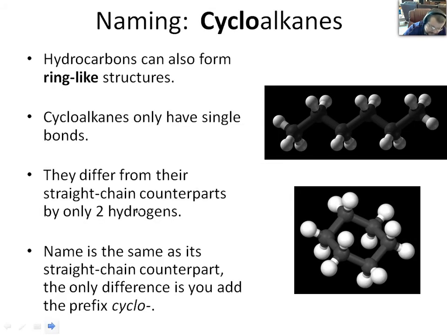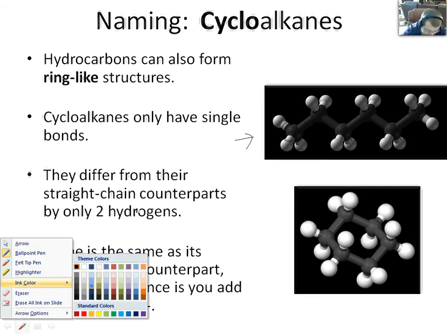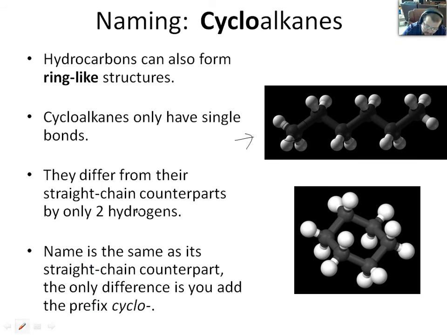Alright, so alkanes we've treated as these straight chains so far. If you look at the picture in the upper right, we've got our 1, 2, 3, 4, 5, 6 carbons, and those 6 carbons are going to form a straight chain.